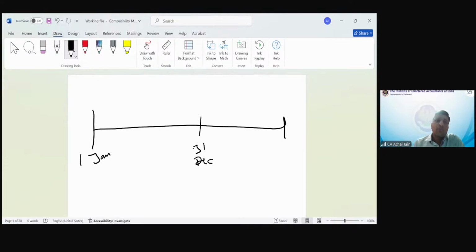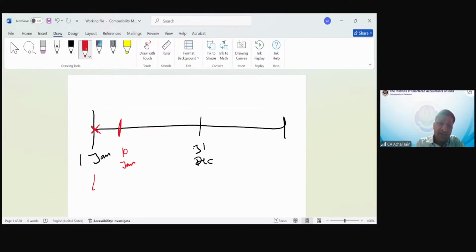So what did the management do? On 1st of January, or let's suppose on 10th of January, they took an insurance to cover against any risk of fire which may take place in future.